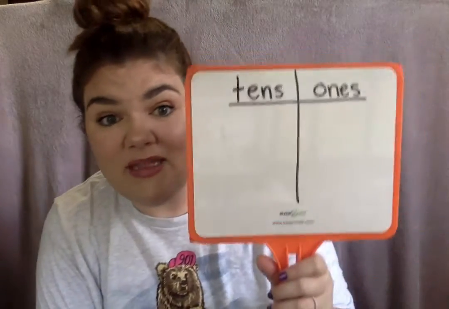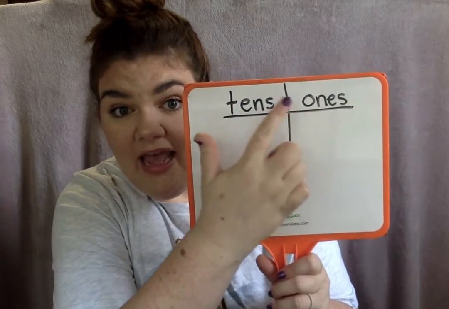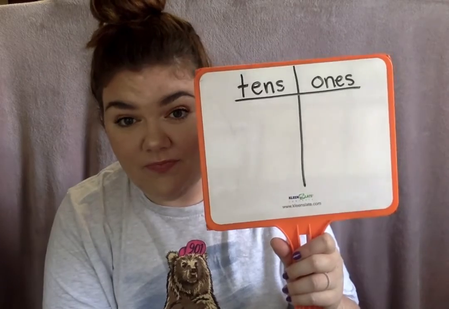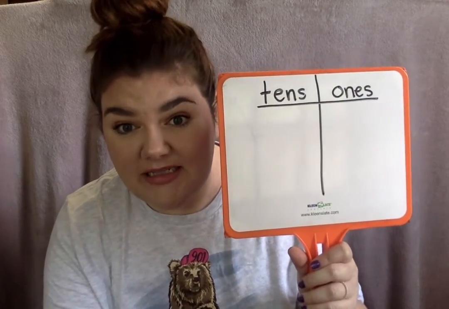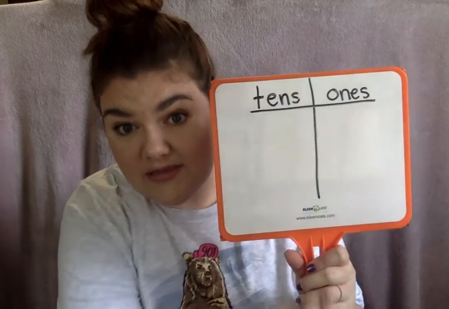So, parents, one thing that I think is going to be super helpful is if you just have a piece of scratch paper and put a tens and ones with just a T down the middle so that the student can see how many tens there are and how many ones there are.